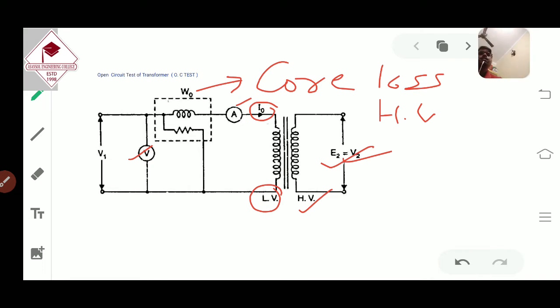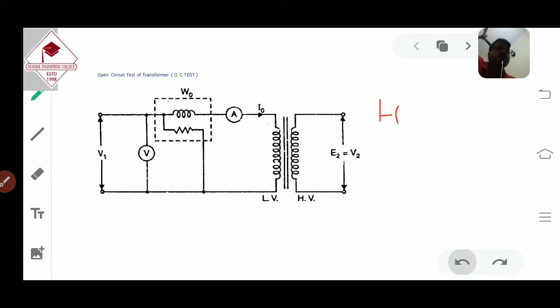Now one very important question is generally asked in an exam or in any interview: why do we keep this high voltage coil open? Why not keep the low voltage side open and give supply to the high voltage side? There is a very important reason behind this.